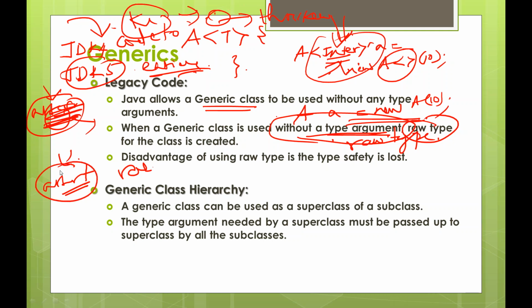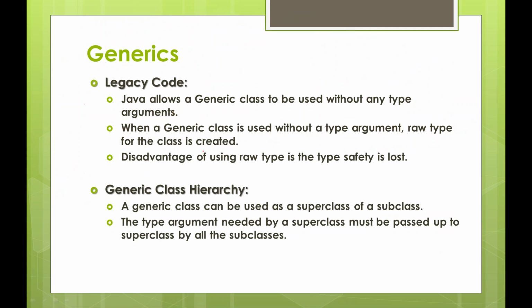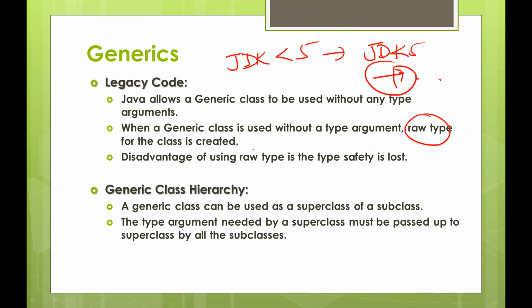In such cases, we should manually take care of those words when we migrate from one version to another. So the raw types allowed the transition from JDK lesser than 5 to JDK 5 and plus, and made the transition easier.